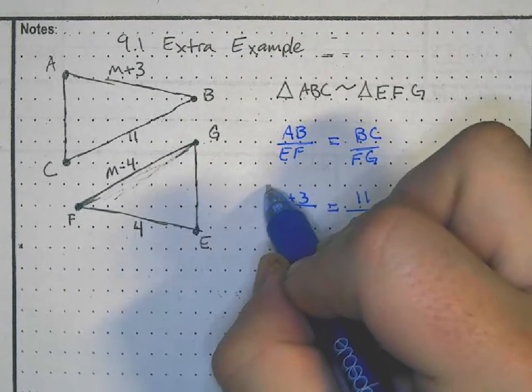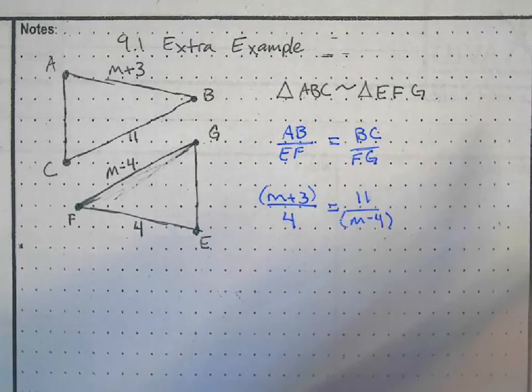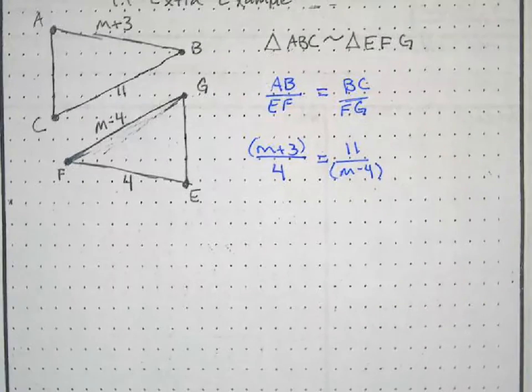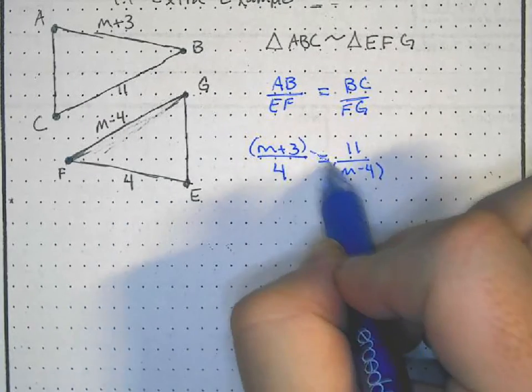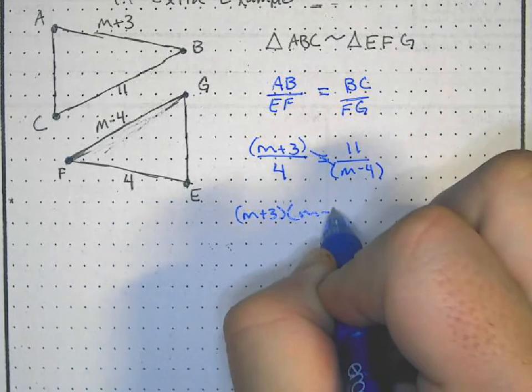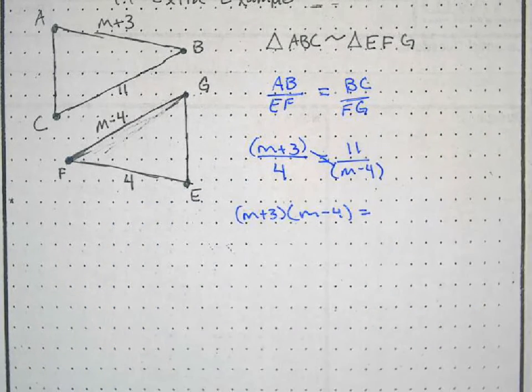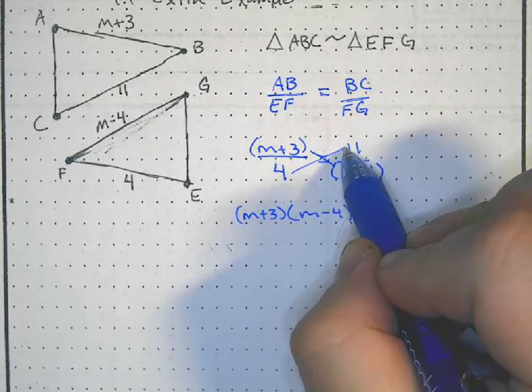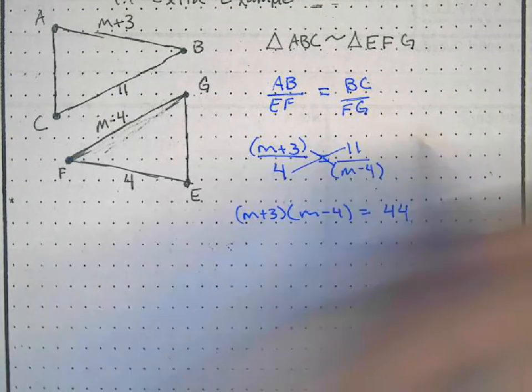So now we'll add in our parentheses, and we'll begin going through the cross-multiplying process. So we have M plus 3 times M minus 4, so we'll just write that out, equals 4 times 11, which is 44.